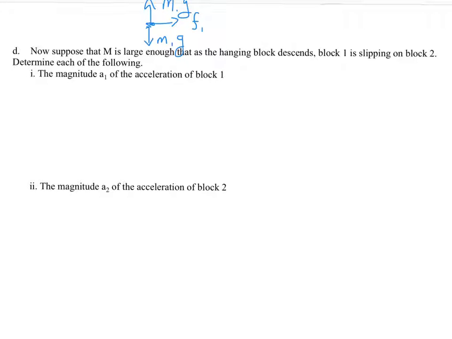For mass 2, we have the total downward force, which is mass 1 plus mass 2 times gravity. We have the same amount of force upwards, mass 1 plus mass 2 times gravity.